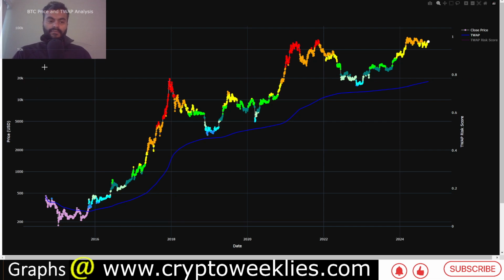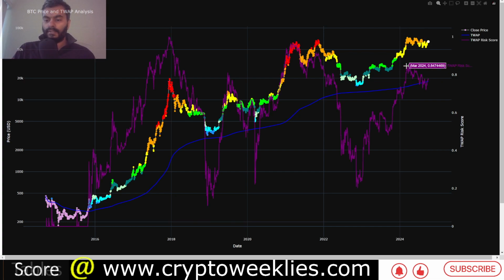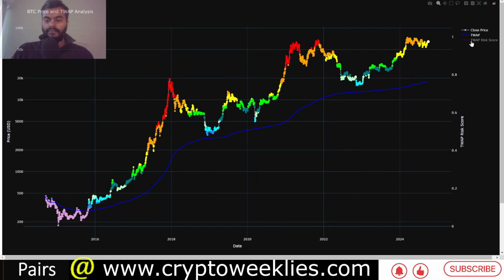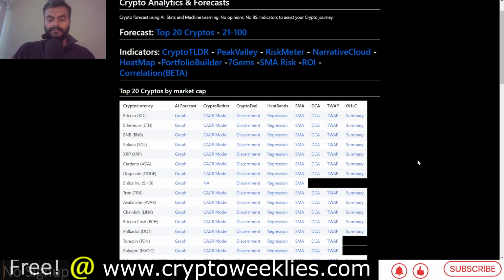So that's how we derive these models. They do a fair job of identifying the peak in March of 2020, for which the risk level identified by this model was around 0.85. So identification of bottoms as well as identification of peaks is possible with these analyses.